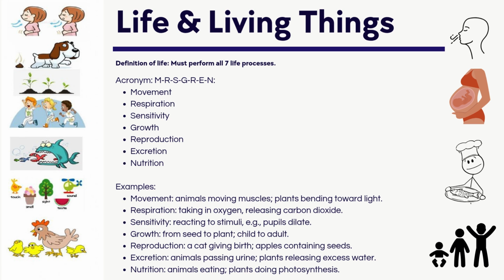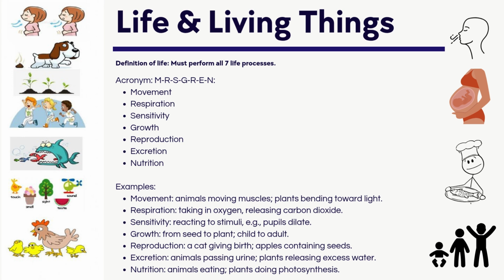As it grows, it moves. If you see a vine and you plant it next to, say, a wall, it will move with the wall, growing according to that wall or stick, and so forth. So any living thing will have all seven life processes.